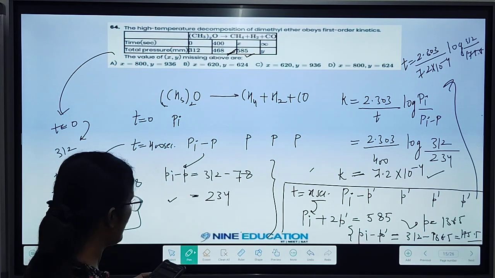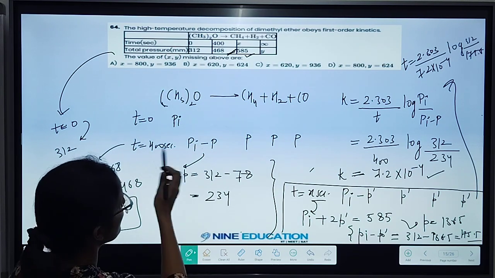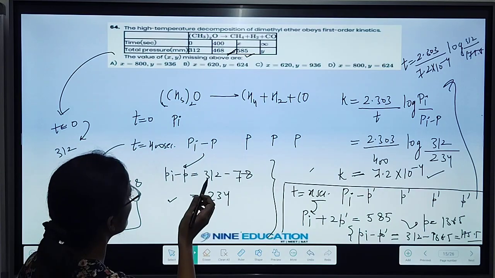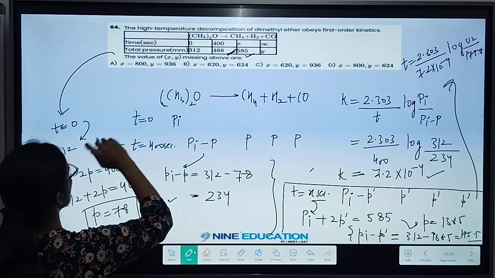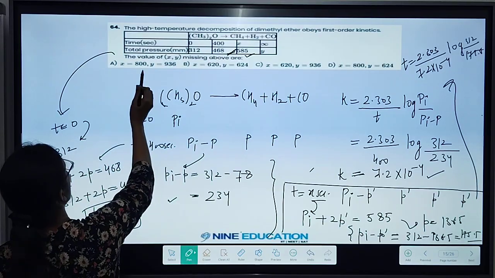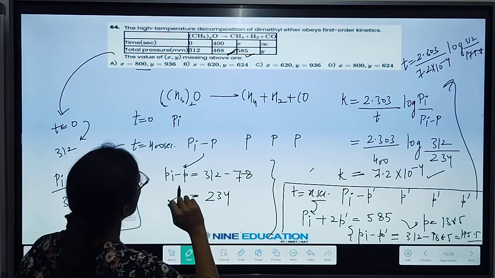Because they are not giving any value in decimals, 799.26 is close to 800, so x value is 800.